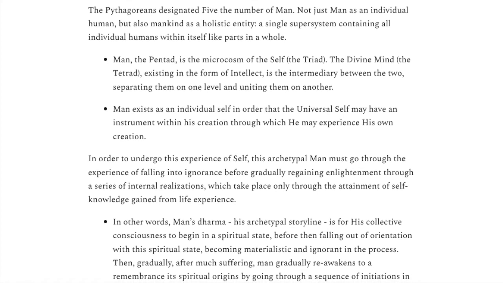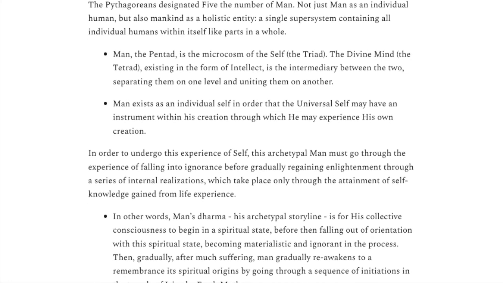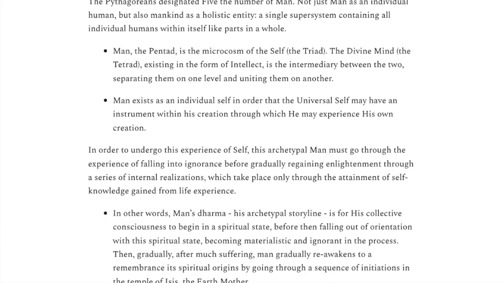In order to undergo this experience of self, this archetypal man must go through the experience of falling into ignorance before gradually regaining enlightenment through a series of internal realizations which take place only through the attainment of self-knowledge gained from life experience.